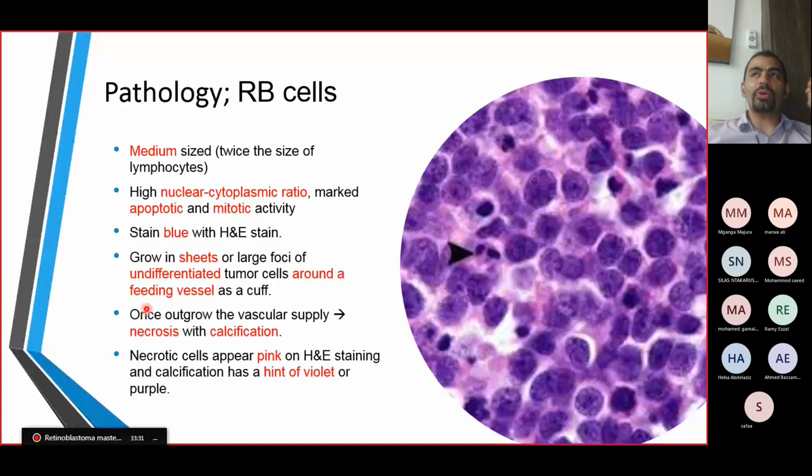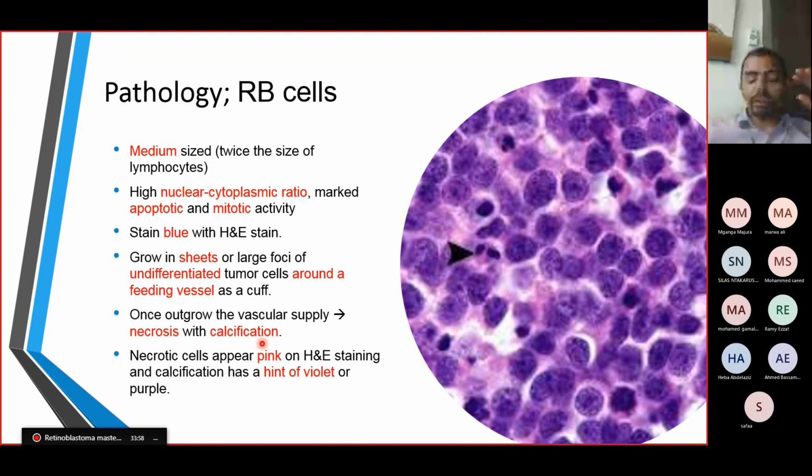One of the important clinical features, as we'll see later on, of the retinoblastoma is the calcification. Why does it happen? Because when the growth of the tumor outgrows the vascular supply, the cells will start to suffer necrosis, and the necrotic cells will undergo calcification. This explains why it's common to find calcification in the retinoblastoma.